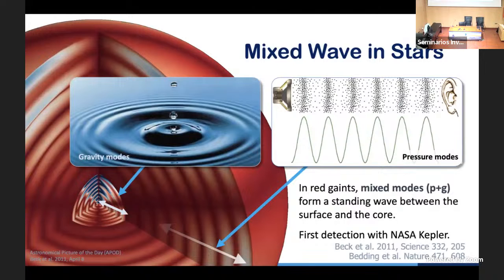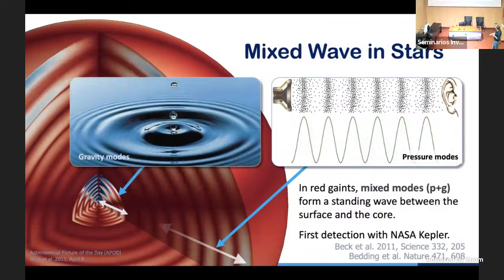Now, in red giants, this separation is so small that both types can couple and form a standing wave from the surface into the core. And that means that we can probe all the part that is sensed by modes.